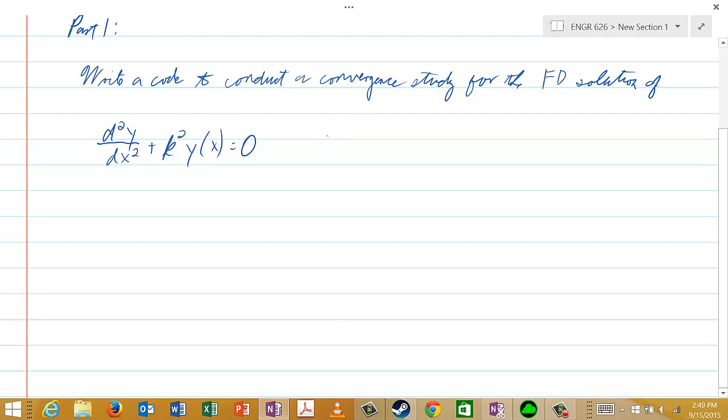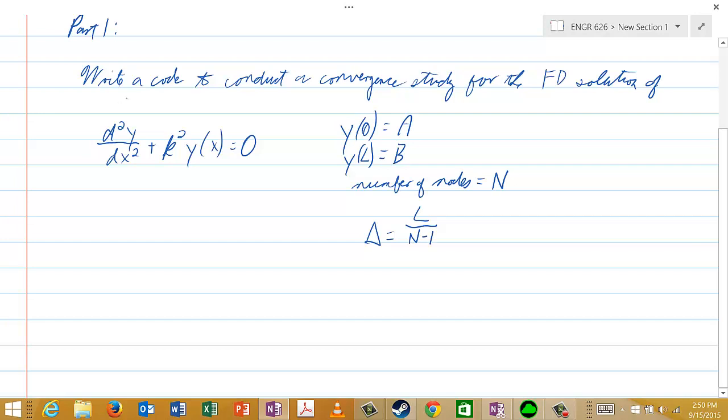y of 0 equals a, y of L equals b, number of nodes equals n, and delta equals L over n minus 1.